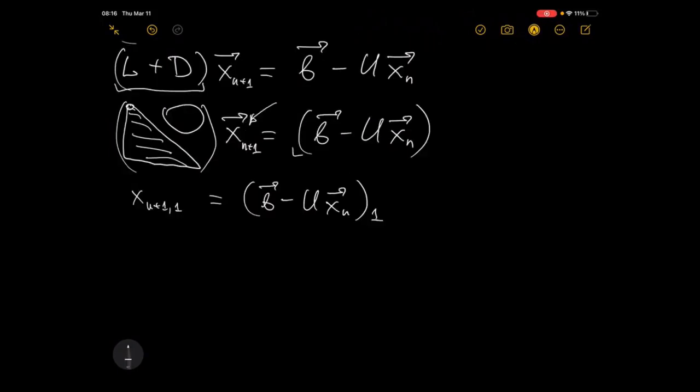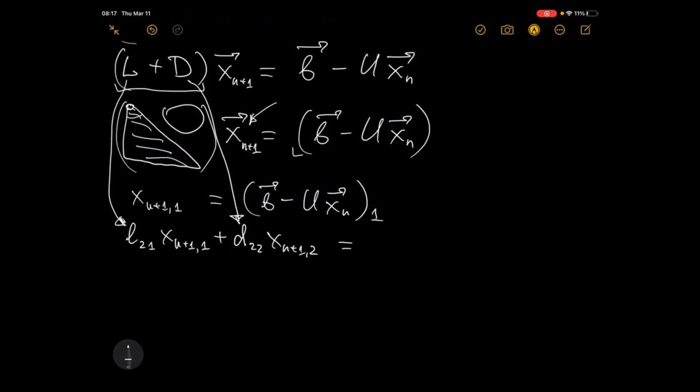Then, this matrix would give me L 2,1 on x n plus 1, first component, plus D, diagonal element 2,2, on x n plus 1, second component, and this will be equal to some right-hand side, which includes only the previous iteration.